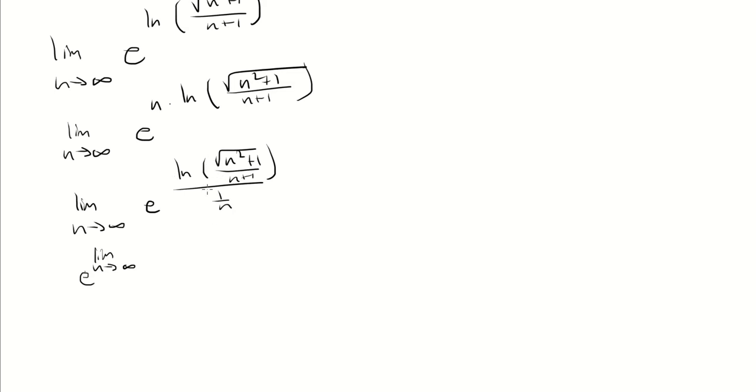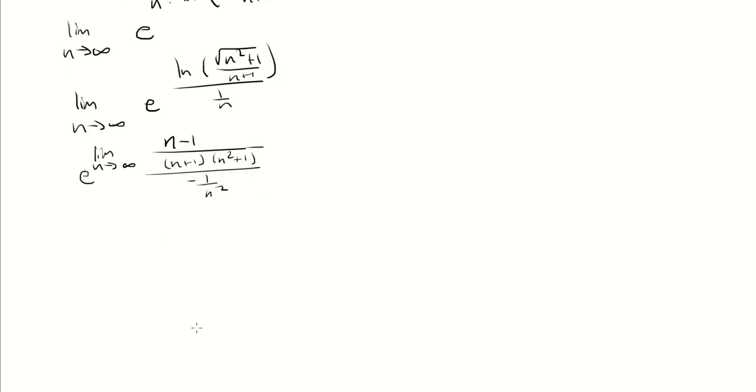to take the derivative of the numerator, which is going to be n minus 1 over n plus 1 times n squared plus 1. And the derivative of 1 over n is just negative 1 over n squared, which, since I'm dividing by negative 1 over n squared, that's the same thing as multiplying by negative n squared.